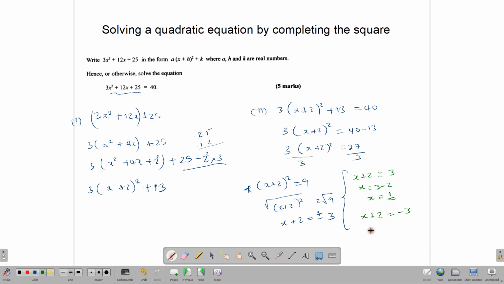And solving here gives us x is equal to minus 3 minus 2, which means x is equal to minus 5. So our solutions to this equation would be x is equal to 1 and x is equal to negative 5. And that is how we would apply the completing the square method to solve an equation.